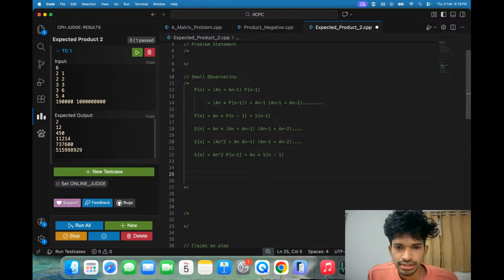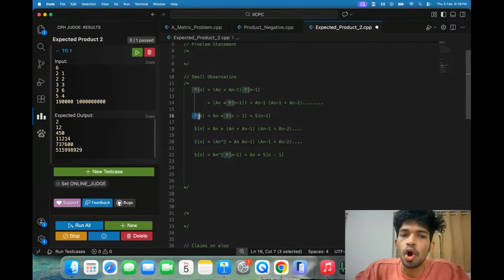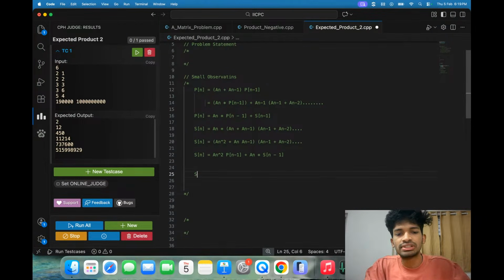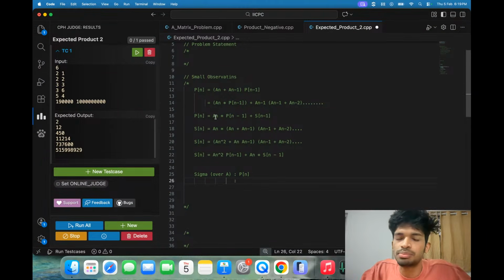Is this luck? So now you have to sum this Pn over all possible values. You have to do sigma over a Pn. This is what you want, right? And what would that be? You will keep all possible values for an.